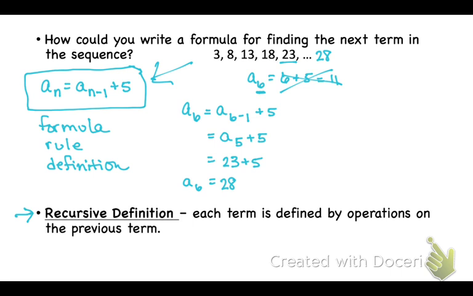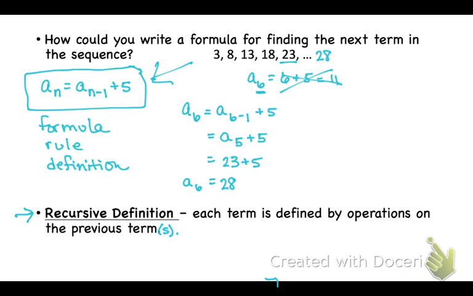These are called recursive definitions. Each term is defined by the operation on the previous term or terms. It could be more than one term. So recursive definitions are manageable but not efficient by all means.